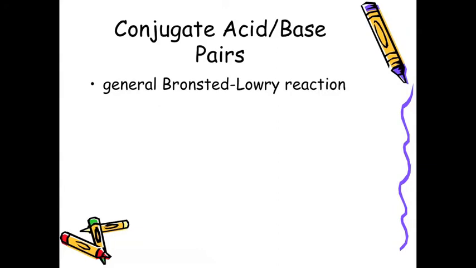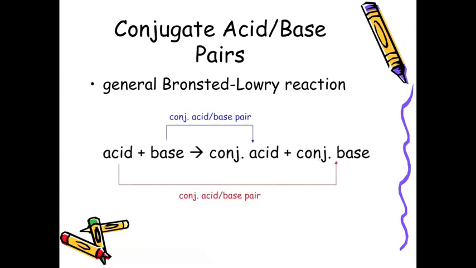So in a general Bronsted-Lowry reaction, this is what it'll look like in general. The acid will turn into the conjugate base. The base will turn into the conjugate acid. Just to pause real quick, conjugate means paired or combined.